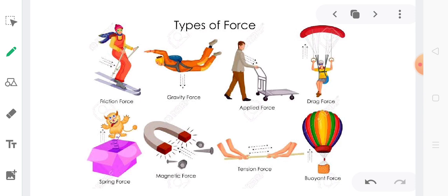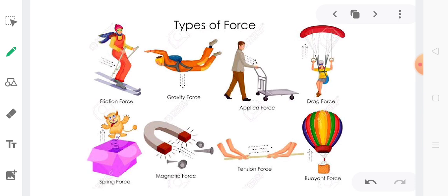Types of forces. Now, this is not exactly different types of forces, rather I have shown you examples of different types of forces, because based upon the knowledge that we gather with the help of these examples, we can classify forces into different categories.